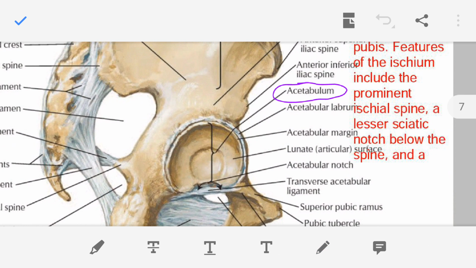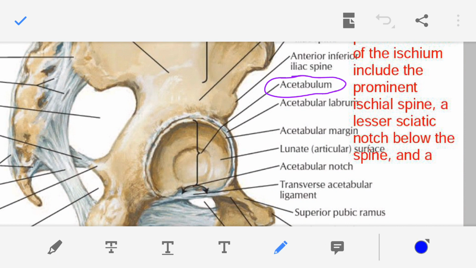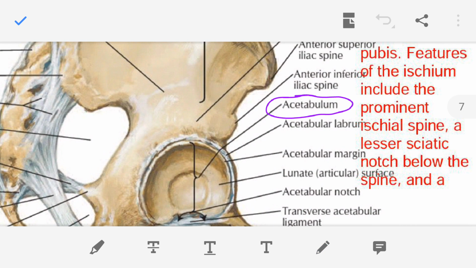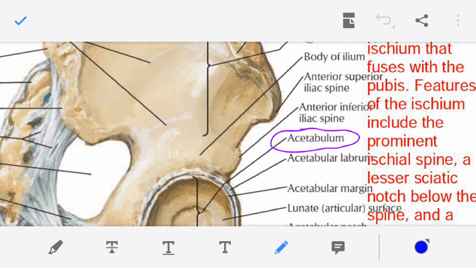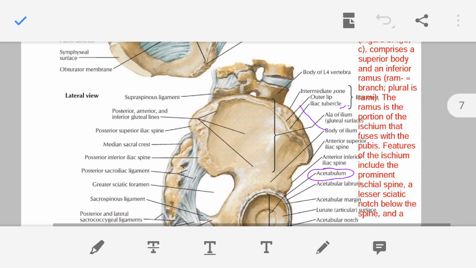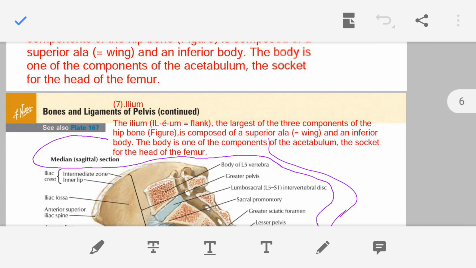I am zooming this. This entire circular fossa, this entire round fossa is known as the acetabulum. And in the formation of the acetabulum, as you can see, some part of the body of the ilium is also involved. So that is the meaning of this point.